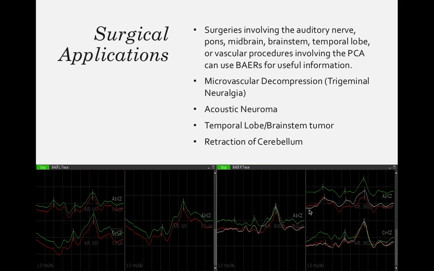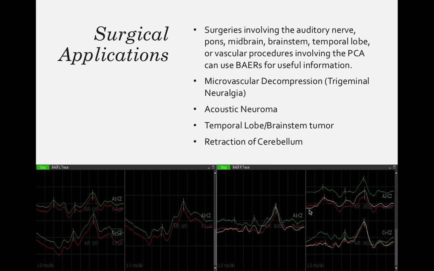Some of these procedures: microvascular decompression of the trigeminal nerve for trigeminal neuralgia. We do brainstem auditory tests for that. The trigeminal nerve is the 5th cranial nerve, and the pathway goes right by the 8th, the auditory nerve.